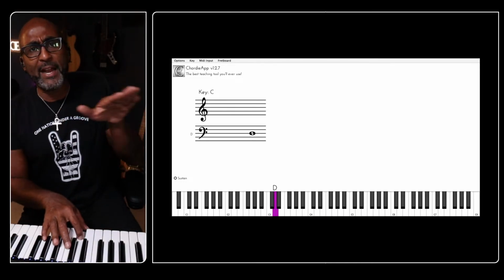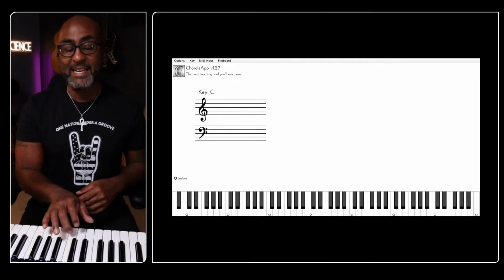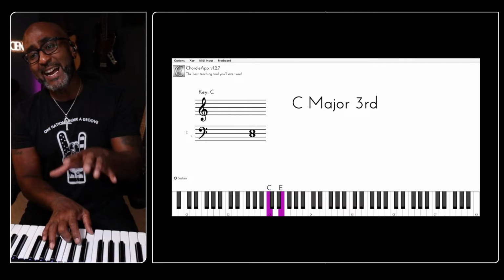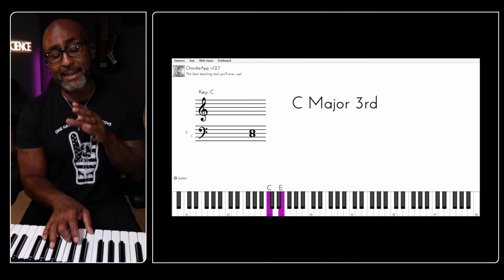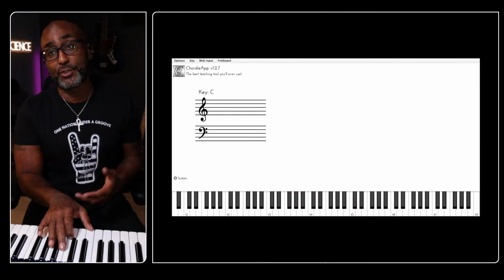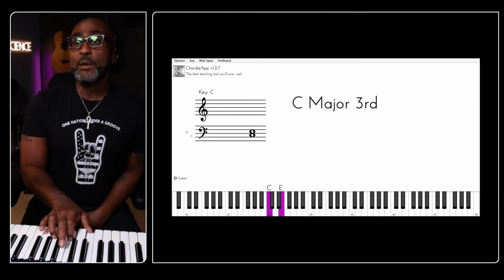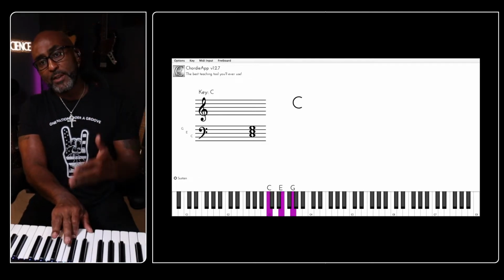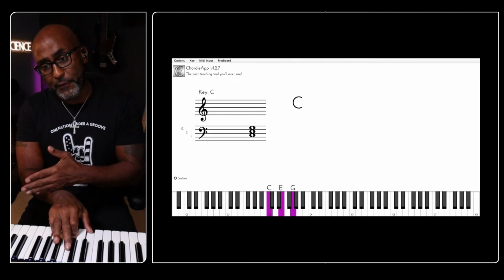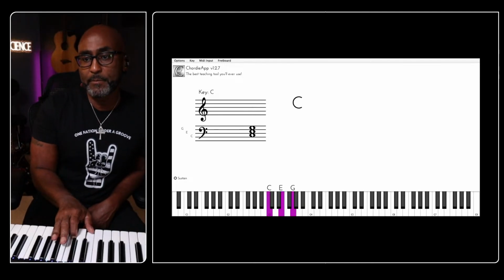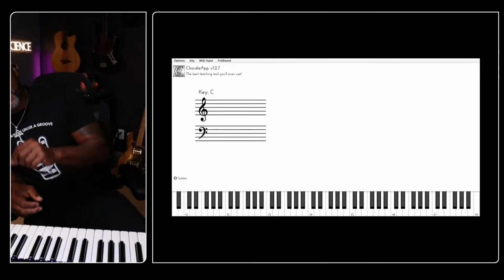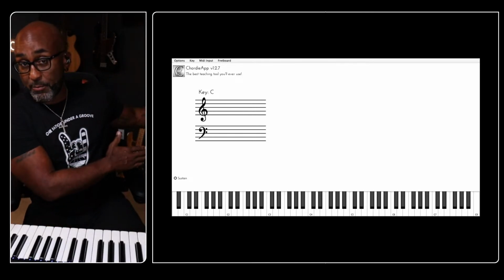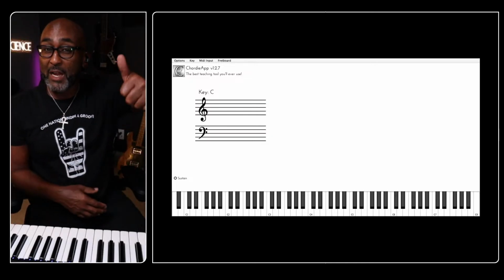D is 2, but we're not gonna play D, we're gonna play E. We have a root and a major third. This is not a chord, this is a dyad, not a triad. Di meaning 2. When we skip the F and we put the perfect fifth on there, now we have a triad.